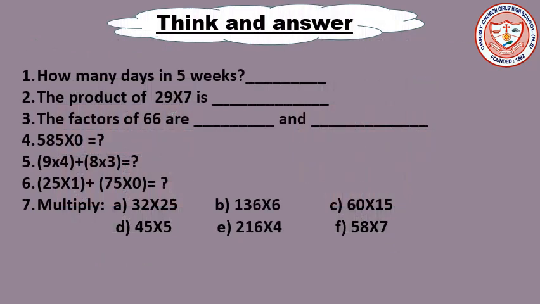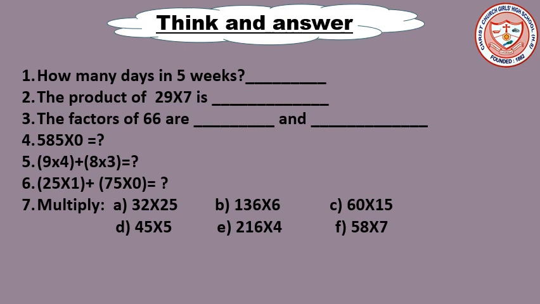So girls, please try out these sums at home. Number 1, how many days in 5 weeks? Number 2, the product of 29 into 7 is dash. Number 3, the factors of 66 are dash and dash.